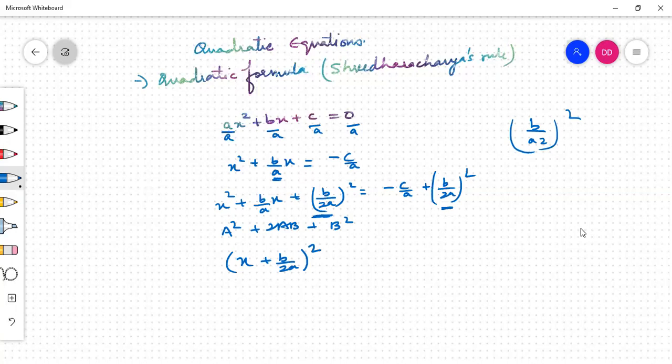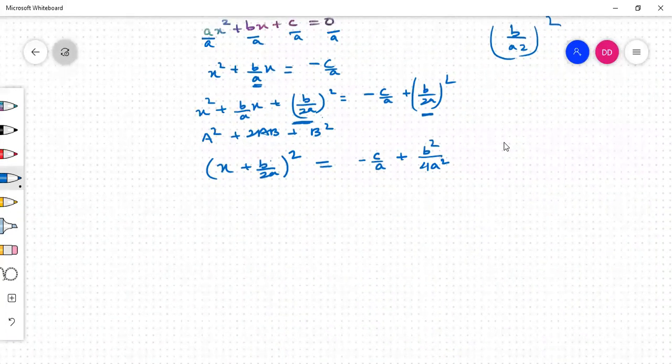So this gives you x squared plus b squared, and 2 times 2 cancels off, gives you b over a times x. And the RHS becomes minus c over a plus b squared over 4a squared.